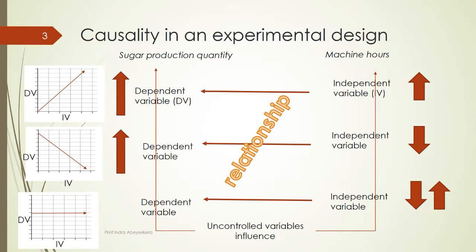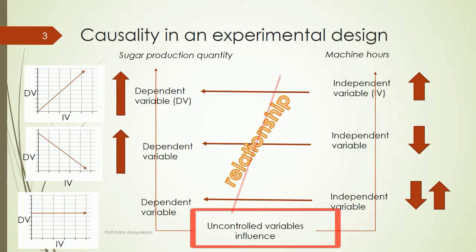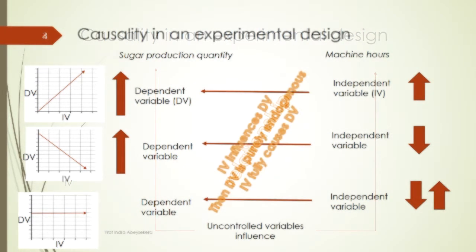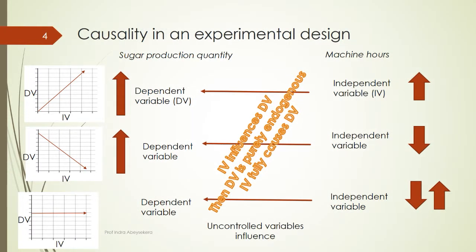There are uncontrolled variables that can have an influence on this relationship. Because of these uncontrolled variables that are influencing this relationship, we cannot say that the independent variable causes the behavior or the change in the dependent variable.